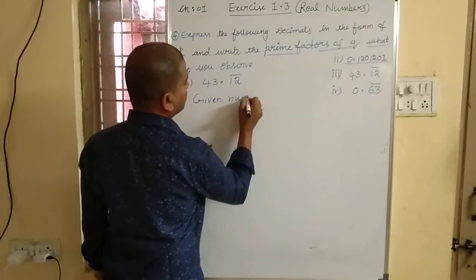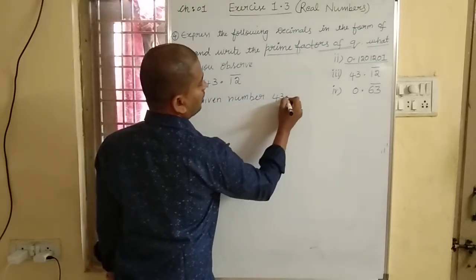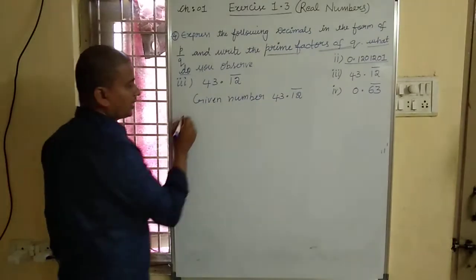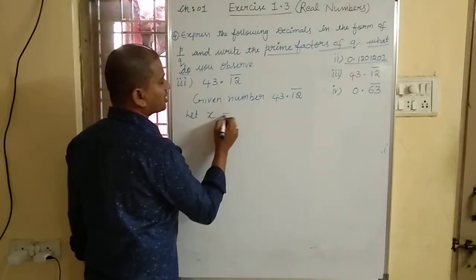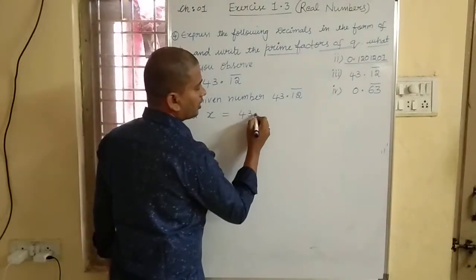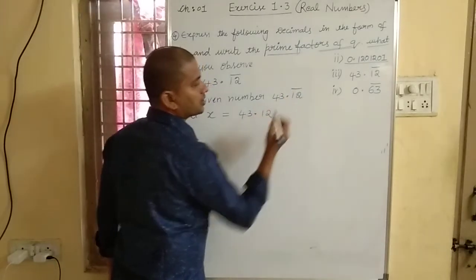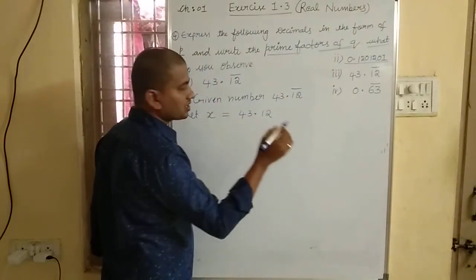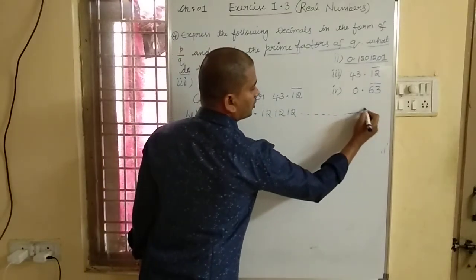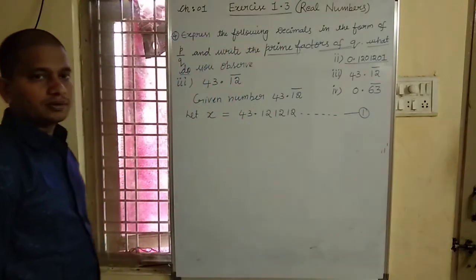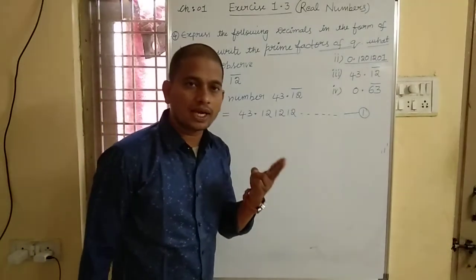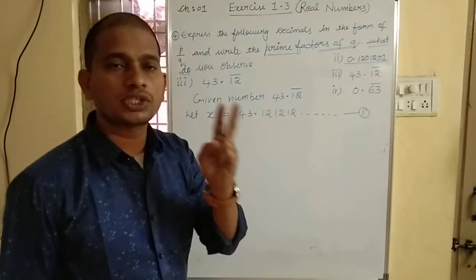Given number equal to how much? 43.12 bar. Okay, what do you do? Let us consider the given decimal as x. Let x is equal to 43.12 bar. I mean 12 is repeating several times: 12, 12, 12 and so on. You consider this as equation number 1. I mean here 2 digits are repeating several times, so the periodicity is 2.